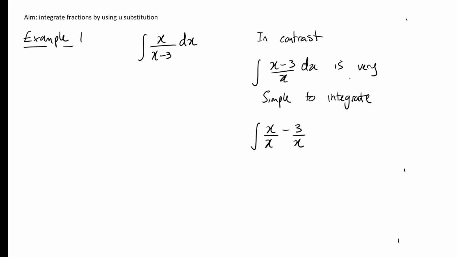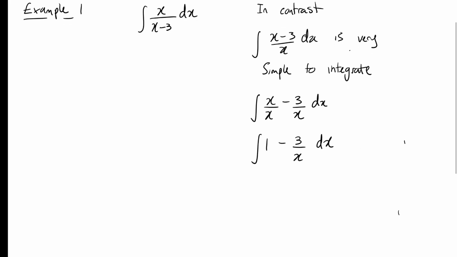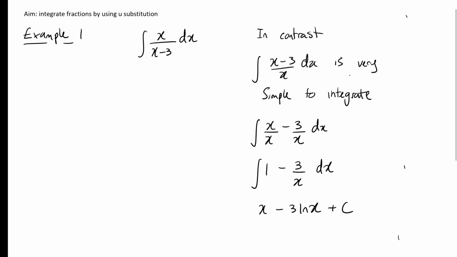We can break up the numerator into x and minus 3 separately. So we have the integral of 1 minus 3 over x with respect to x, and then this is just x minus 3 ln x plus c. So we need to try to do something like that to the problem here on the left side.